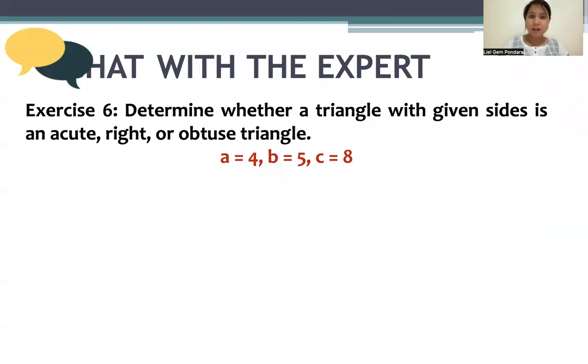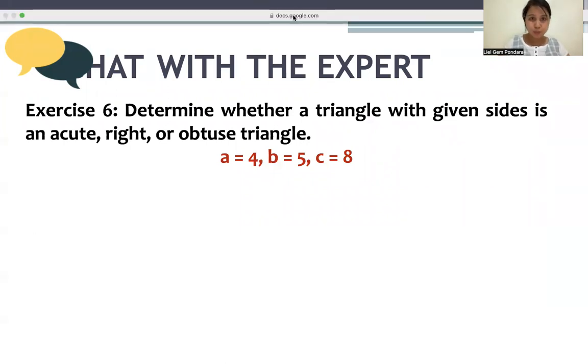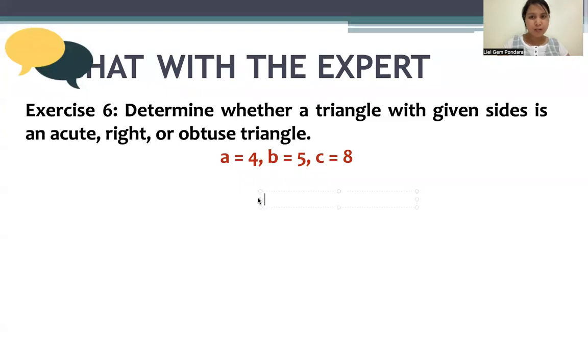Determine whether a triangle with given sides is acute, right, or obtuse. Actually, we start with the Pythagorean theorem still. Is c squared equal to, greater than, or less than a squared plus b squared? C is our longest side. That's 8 squared, 64.